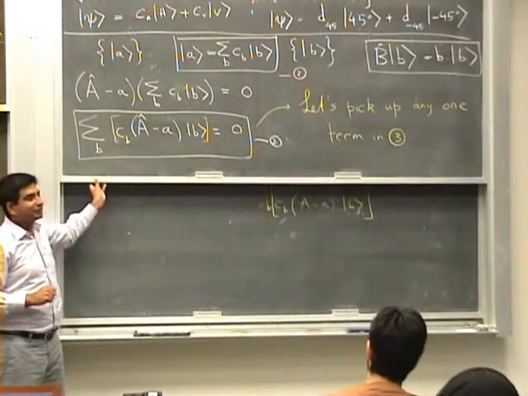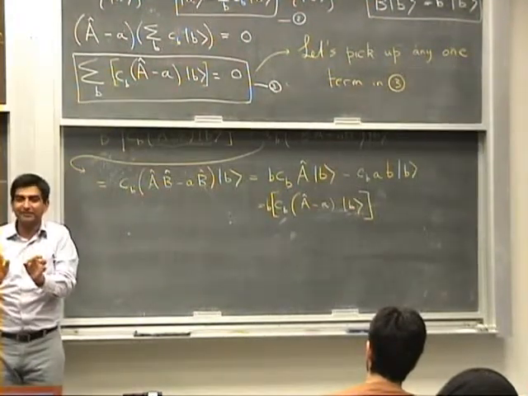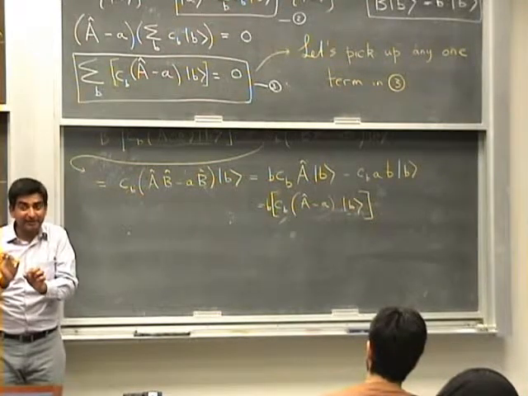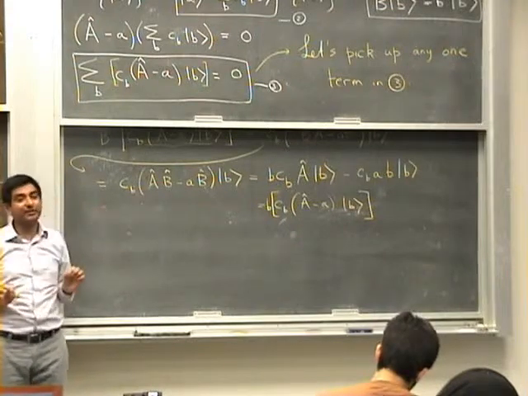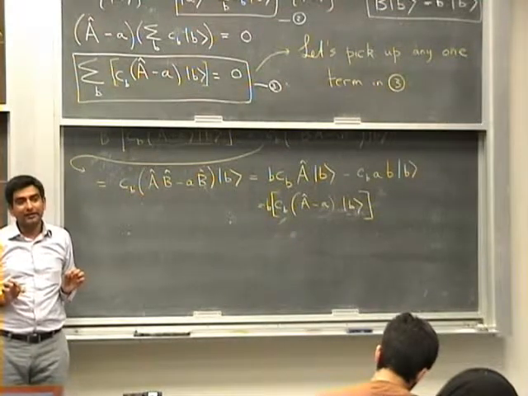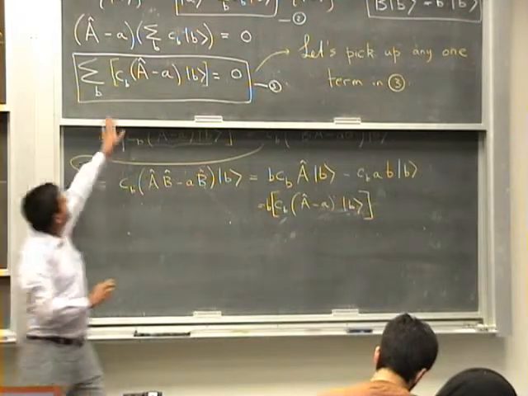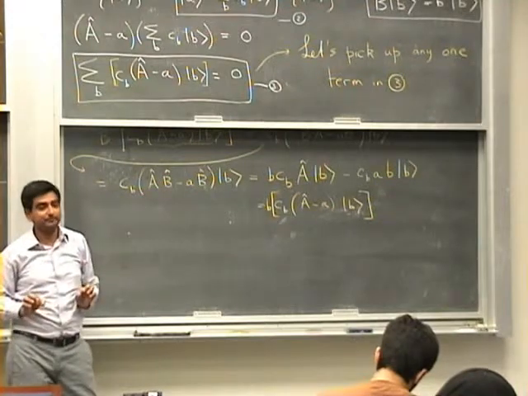Okay? So what this really means is you're choosing a basis, you're choosing orthogonal states and you're summing up over all the orthogonal states, and your result is 0. If this happens, then each of these states must be identically equal to 0.